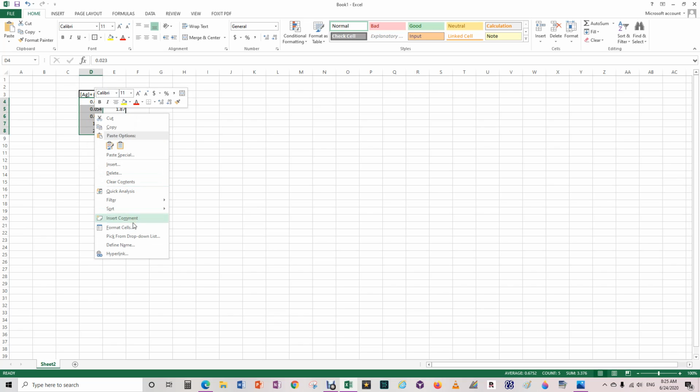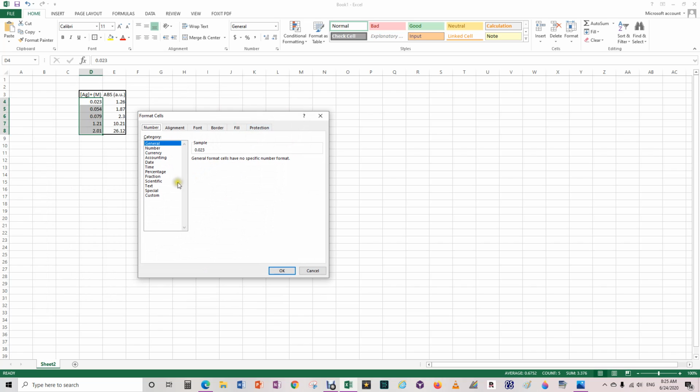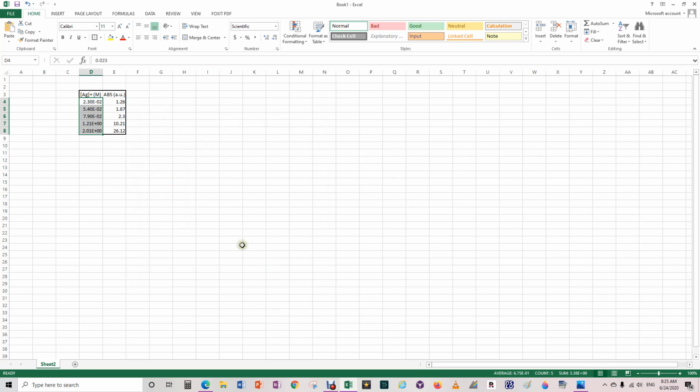You right click, go to format cell, and scientific, and because these two are 3 significant figures, you put decimal places with a 2, and you can see that numbers 1 through 3 change from 2 significant figures to 3 significant figures.